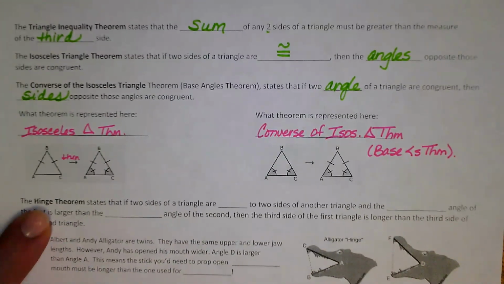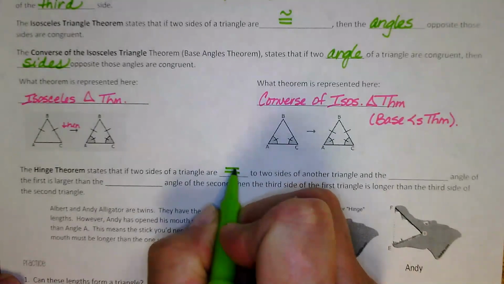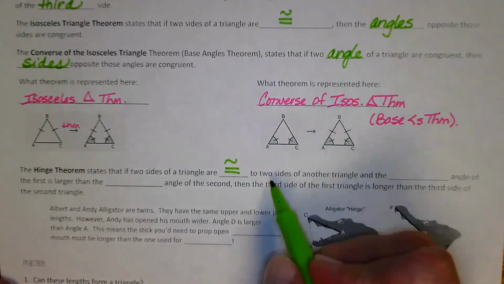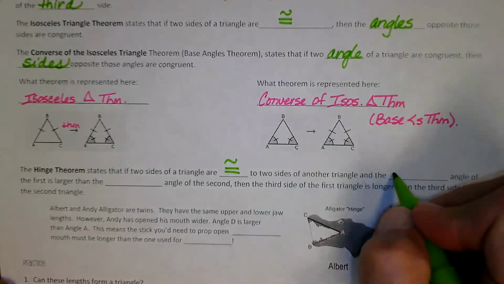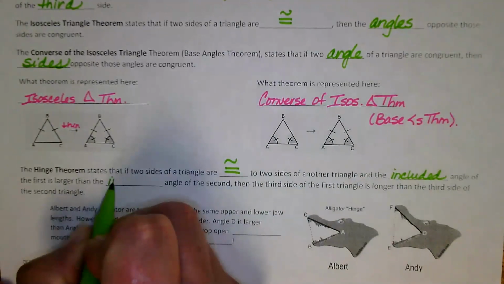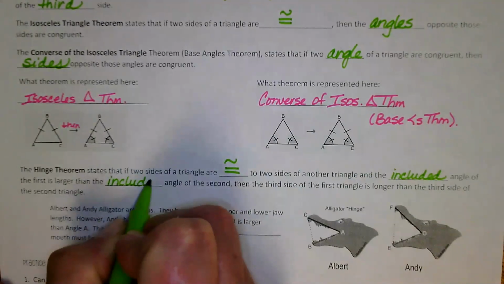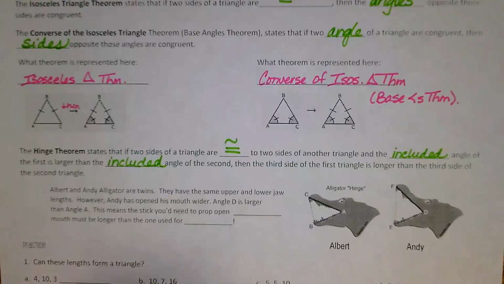Okay, the hinge theorem states that if two sides of a triangle are congruent, sounds familiar, isosceles triangle, and they're congruent to two sides of another triangle, then the included angle, that's a big fancy way to say between, of the first is larger than the included angle of the second, then the third side of the first triangle is longer than the third side of the second. Whew. Well, here's a picture to support that.